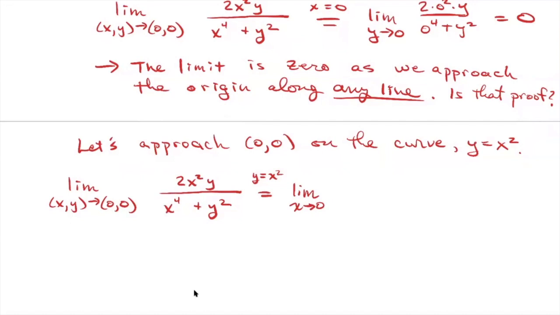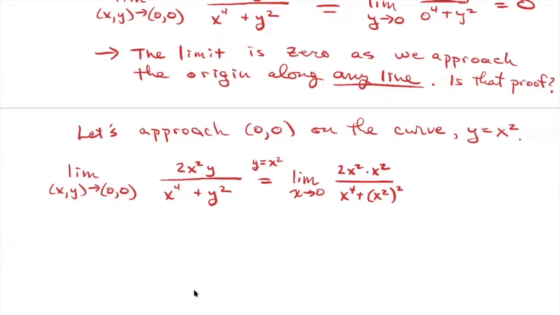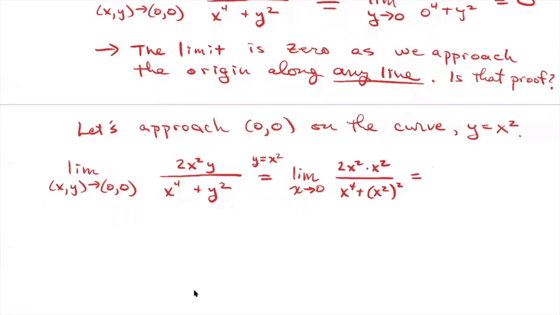Now this is 2x squared times x squared over x to the 4th plus x squared squared. I don't know if you see it yet, but this is the limit as x approaches 0 of 2x to the 4th over 2x to the 4th, which is 1.